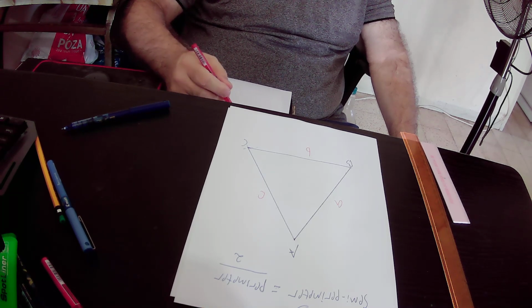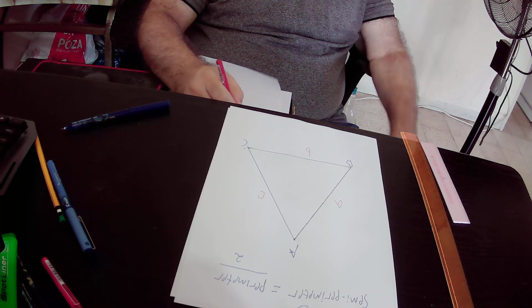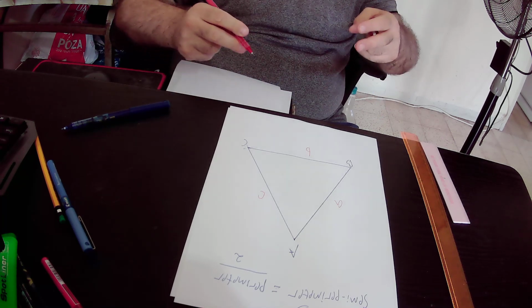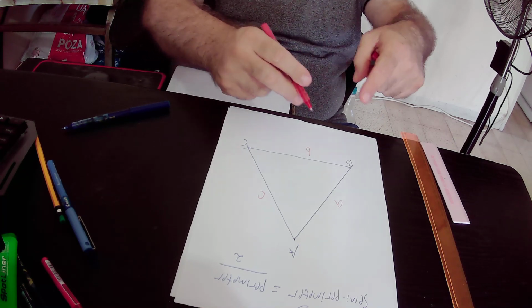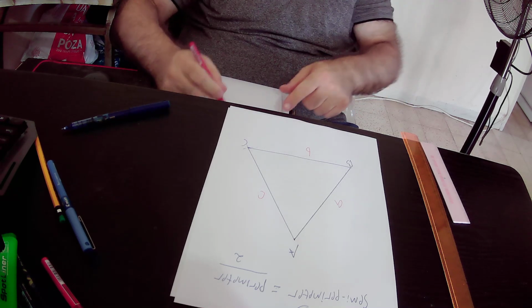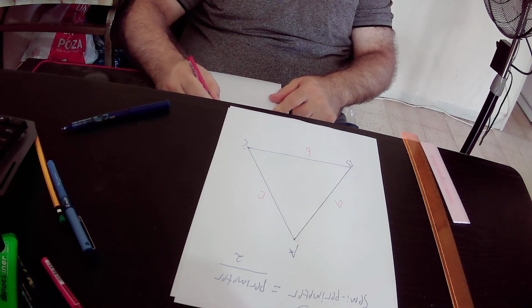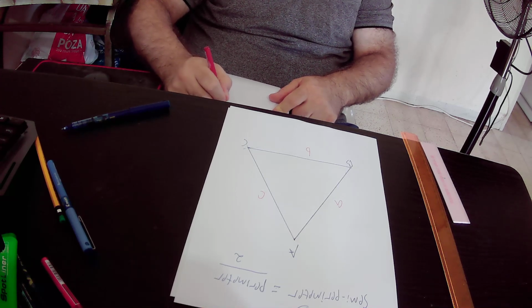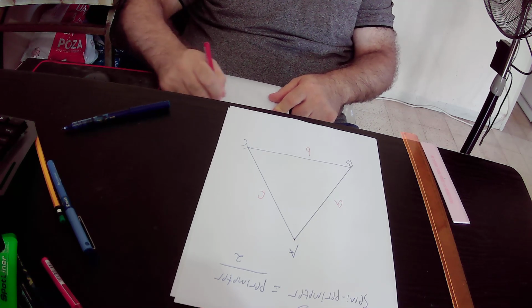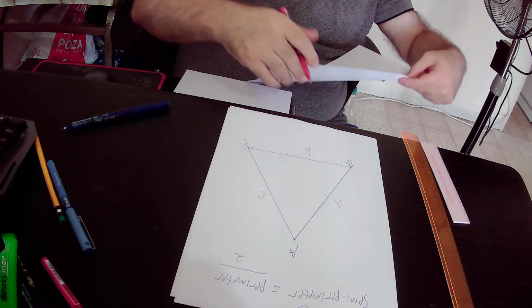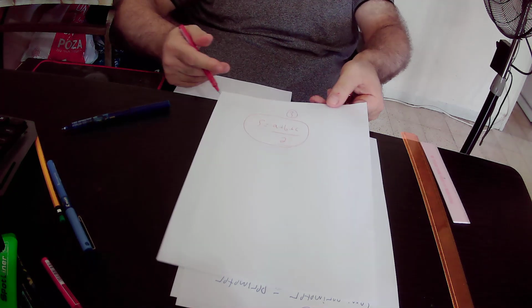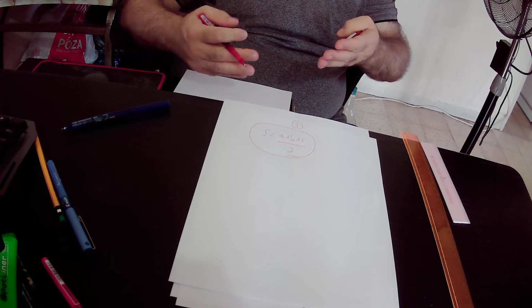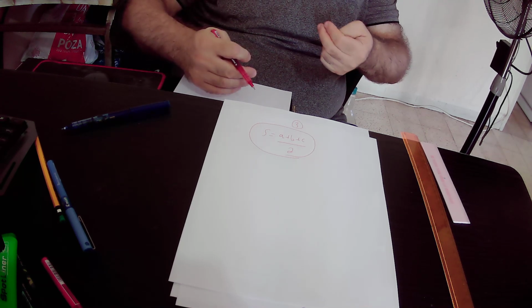So S, the semi-perimeter of this triangle ABC, equals the perimeter of triangle ABC, which is the sum of its sides, A plus B plus C, over 2. Okay, so the semi-perimeter of triangle ABC, S equals A plus B plus C, the sum of its sides, over 2.